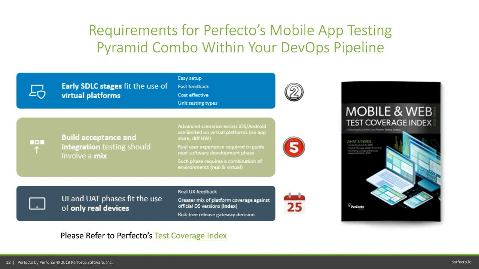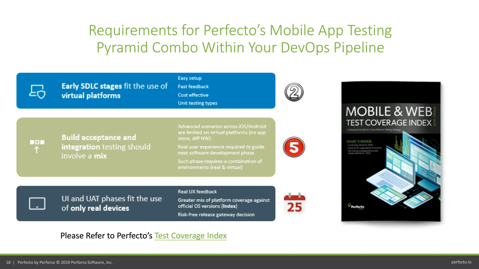To help you decide which platforms you want to actually use, especially from the real device perspective, Perfecto is providing a free asset, a free report, which is the Test Coverage Index, which is being released twice a year, giving you the most relevant recommendation of devices and operating systems as well as browsers to cover per each geography.